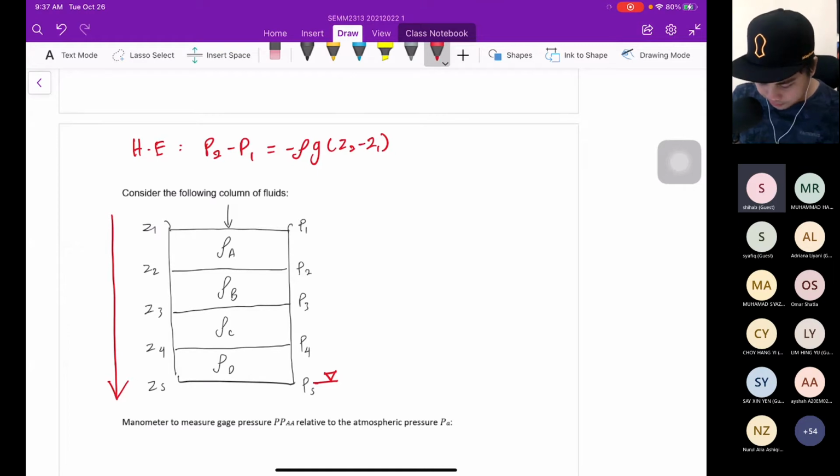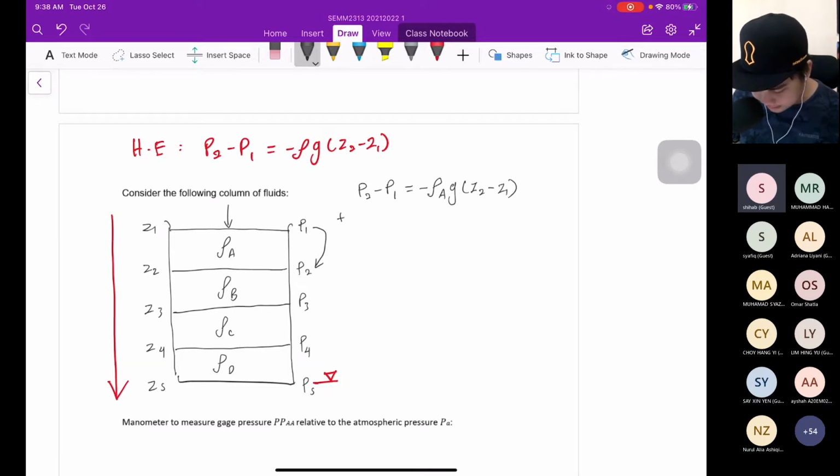So P1 going to P2. That means P2 minus P1 equals negative rho of liquid A, gravity, Z2 minus Z1.